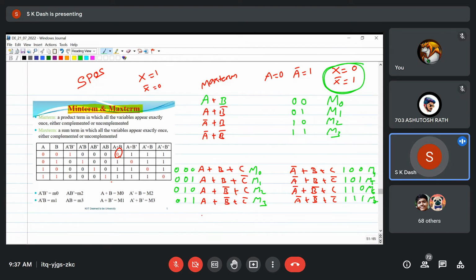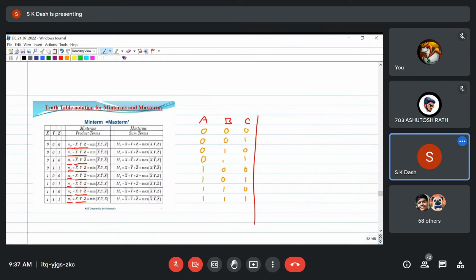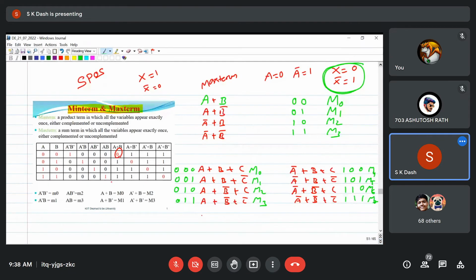Now, how will they help us in finding out the function? Suppose I write a function with A and B columns: 0 0, 0 1, 1 0, 1 1.